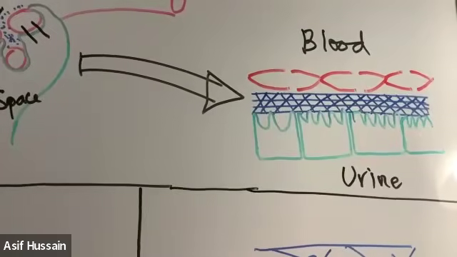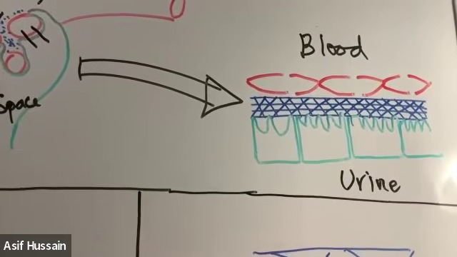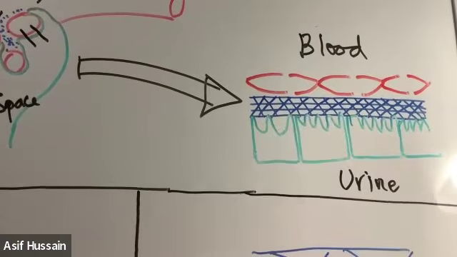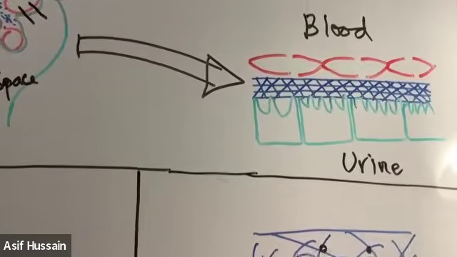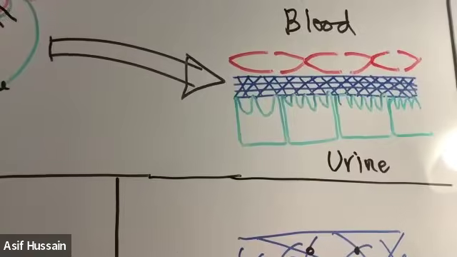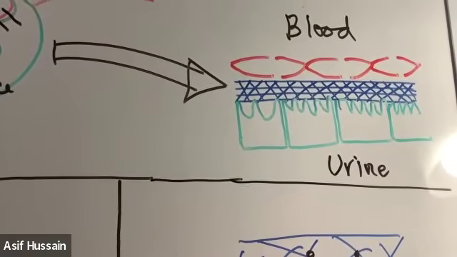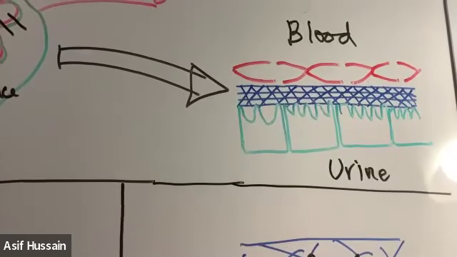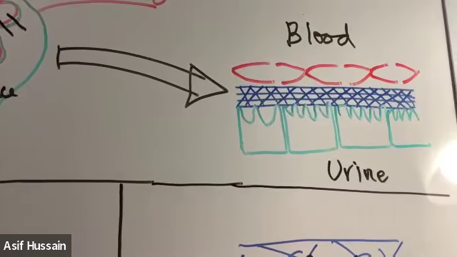Then the second layer, the blue one, which is crisscross, is made up of collagen and is called the glomerular basement membrane. That also has some tiny spaces between the collagen fibers. So the basement membrane also is not a complete barrier. Then the third layer, the outer green layer toward the urine side, is the foot processes of the podocytes. These are the foot processes of Bowman's epithelial cells, which are attached to the basement membrane. They also have gaps in between, so they are also not a complete barrier.